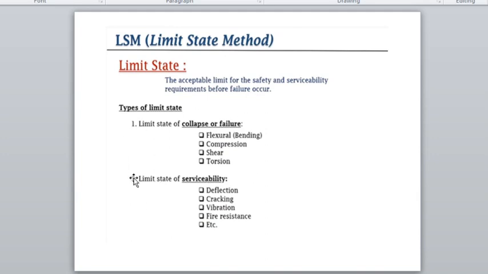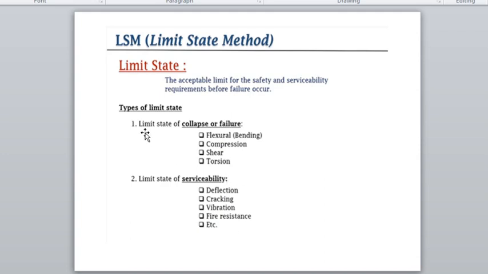That means while I am designing any element of a structure, beam, column, everything, I will be designing for all these factors and checking for all these factors.